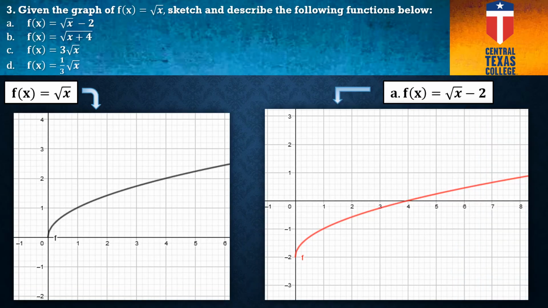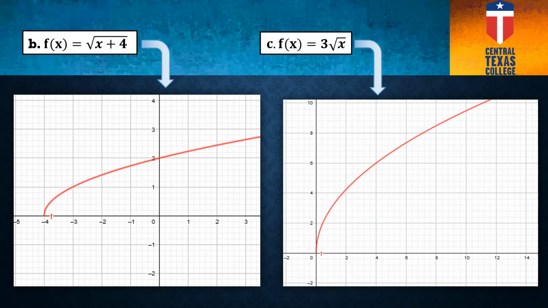For question 3, we have the given graph of f(x) = square root of x. We will sketch and determine the following questions below. For part A, we have f(x) = square root of x, outside, minus 2, which means it was shifted 2 units down from the original graph. For part B, we have f(x) = square root of x + 4, inside, which means it was shifted 4 units left from the original graph.